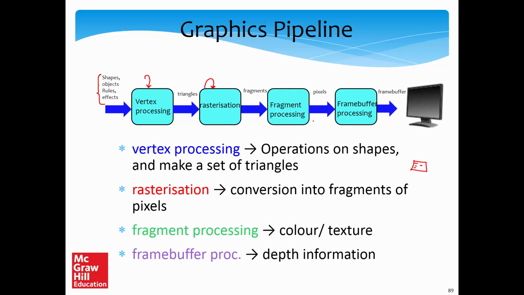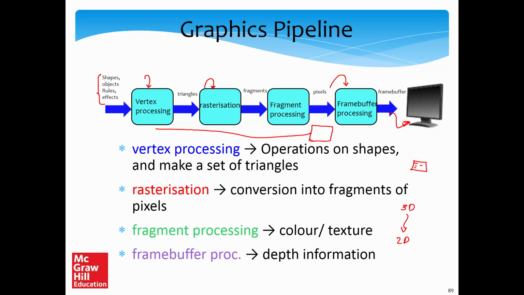Finally, after doing that, we'll create a set of pixels, which is just a 2D array of pixels. And this will go to the frame buffer processing unit, which will finally process this and send it to the monitor, which will finally show the image. The frame buffer processing does the final round of processing, which means in case we have a 3D scene with multiple layers, where each layer has gone through each of these steps, it adds additional depth information and converts the 3D scene to a 2D scene.